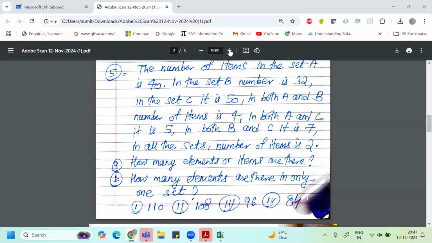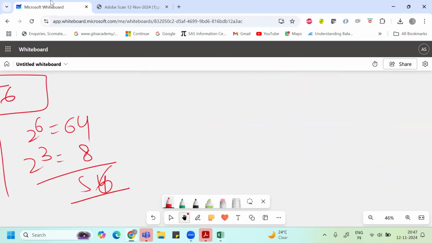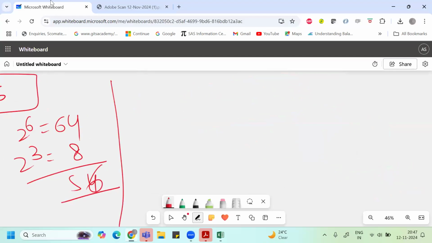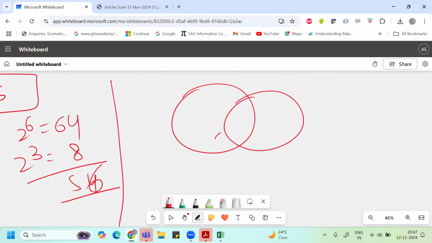The answer is 108. So total A union B union C is 108. And then what exactly I want is this, which I made by myself.